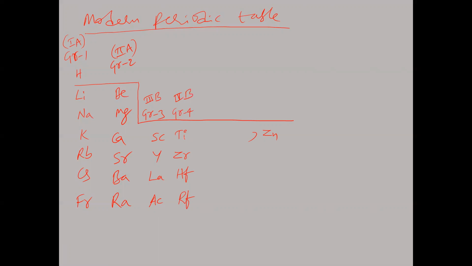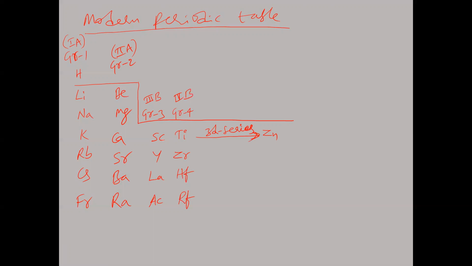Next, scandium, titanium, vanadium, chromium, manganese, iron, cobalt, nickel, all these elements up to zinc belong to the 3D series. The D block elements are called transition elements. The first transition series is the 3D series.